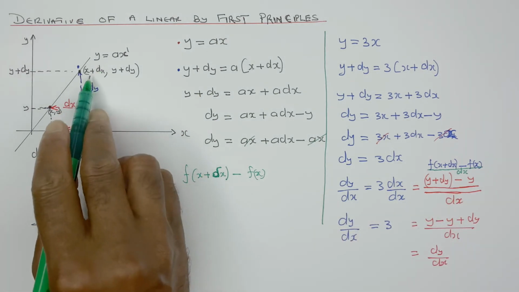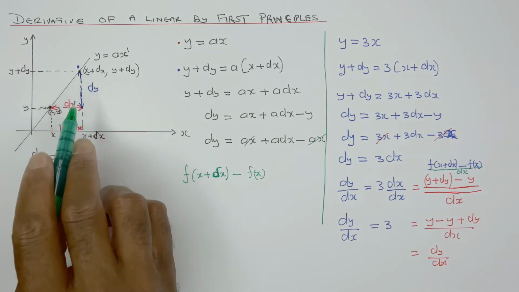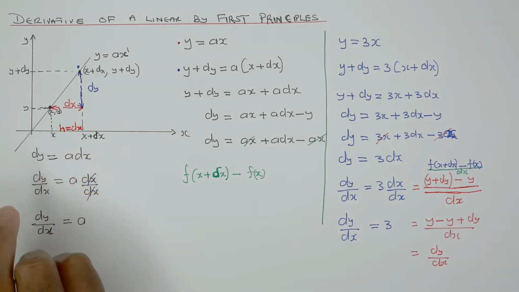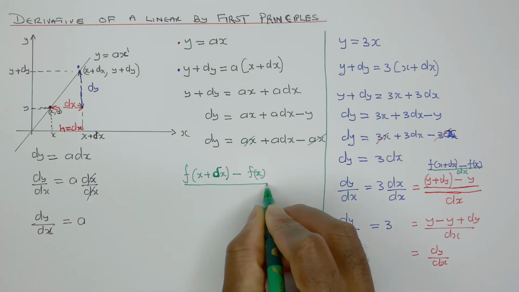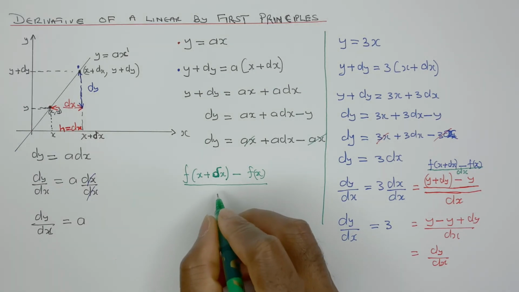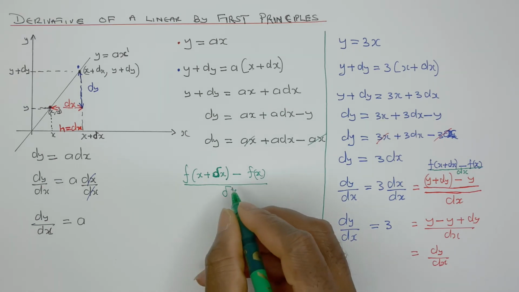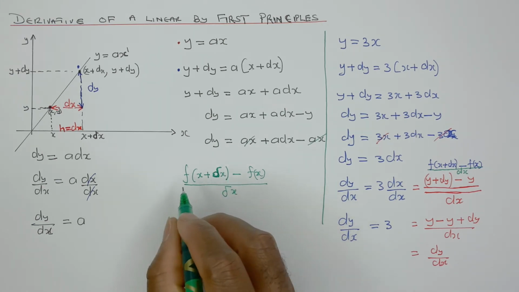So f of that minus f of that to get that height. And you divide it by the width here, which is delta x. Delta means small change.